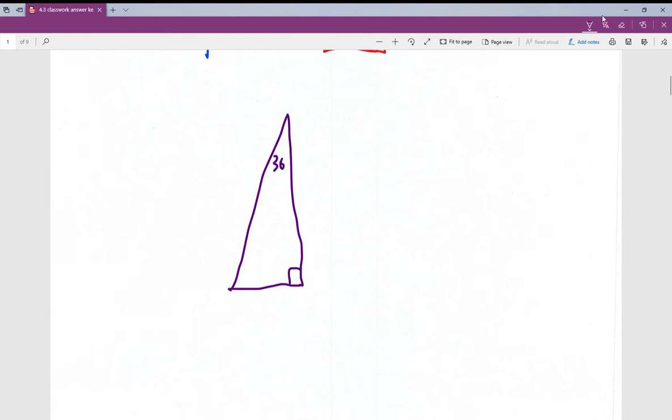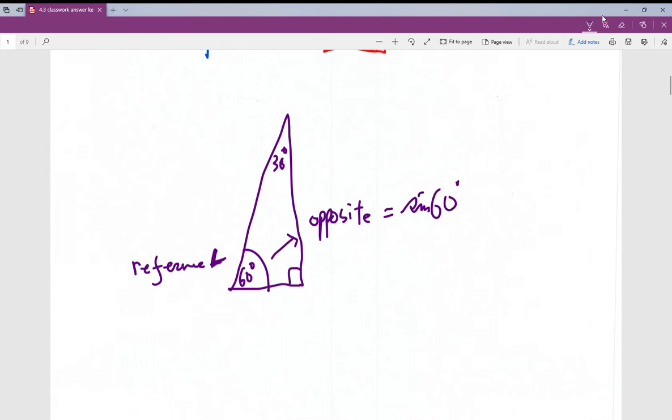If you have a 30 degree angle and a 60 degree angle, and we call the 60 degree angle the reference angle, then the side opposite to the reference angle is sine, and the side adjacent to the reference angle is cosine.